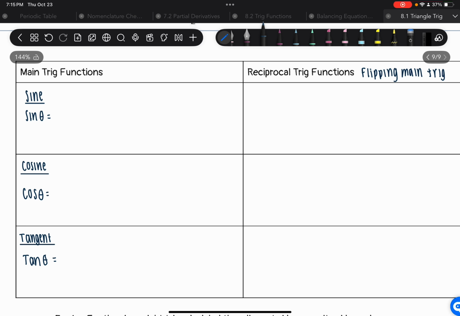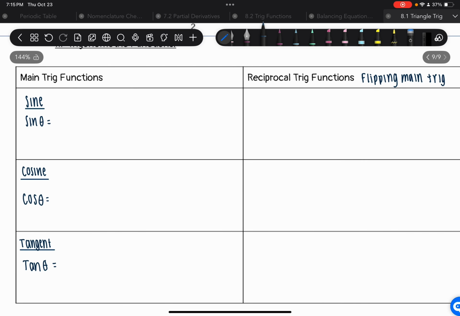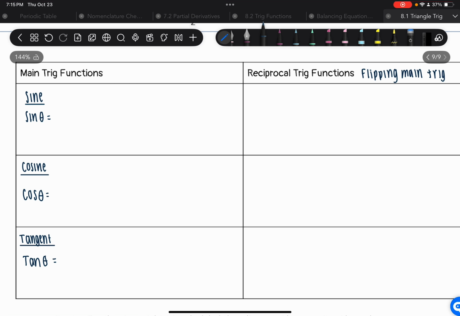The main 3 are sine, cosine, and tangent, where sine is opposite over hypotenuse, cosine is adjacent over hypotenuse, and tangent is opposite over adjacent.